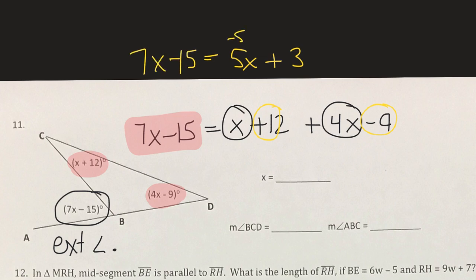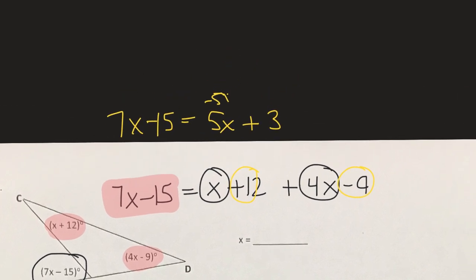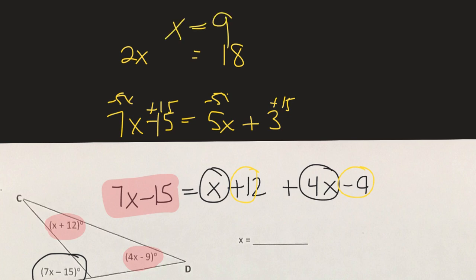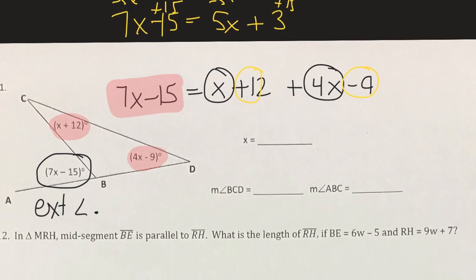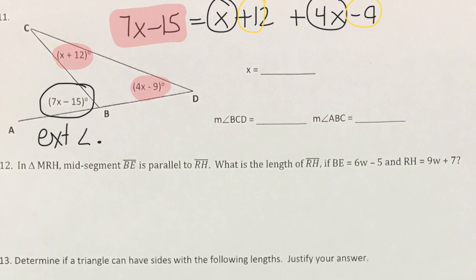I'm going to minus 5x from both sides, 2x on the left. I'm going to add 15, because we're doing the opposites. 2x equals 18, so I'm pretty sure that x equals 9. So we can put that down here in this slot, that x equals 9.